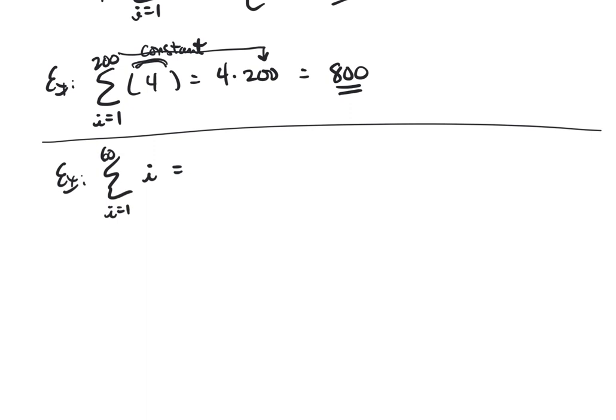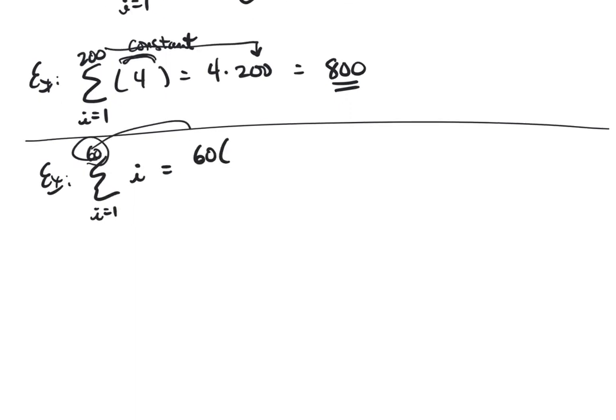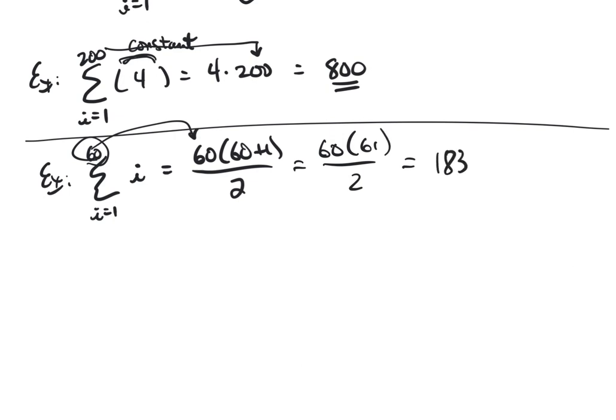But our shortcut says that this is going to be equal to the top number on the summation, so 60 times 60 plus 1 divided by 2. So therefore, this becomes 60 times 61 divided by 2. And I'm just going to start using my calculator on some of these to make sure I don't mess something up. And what we get is 1,830.